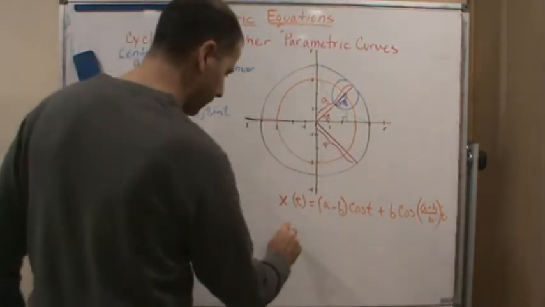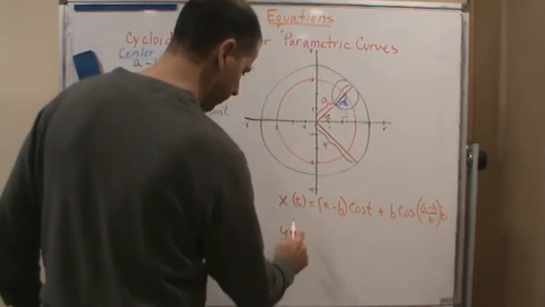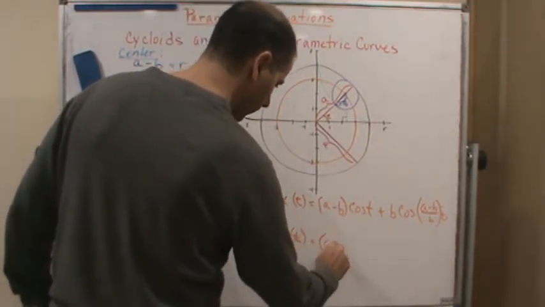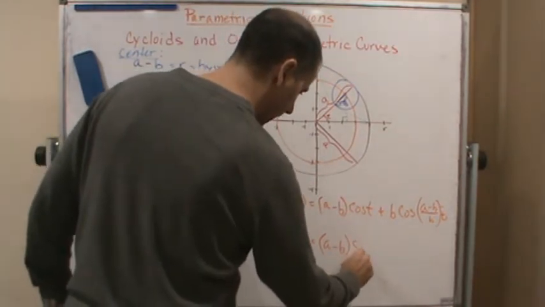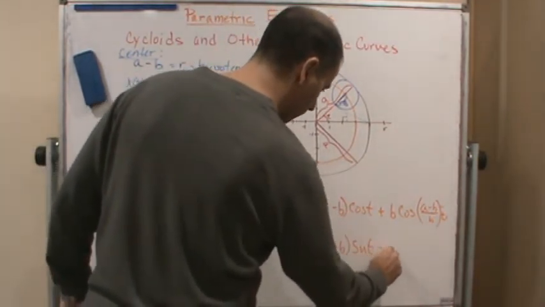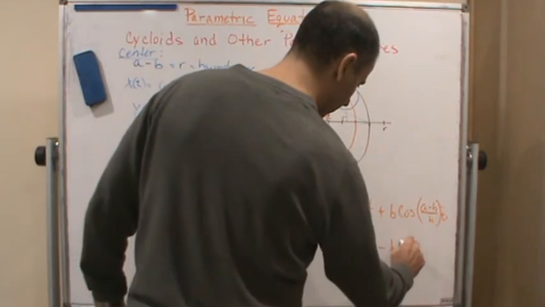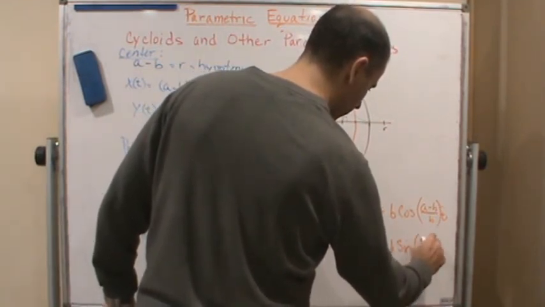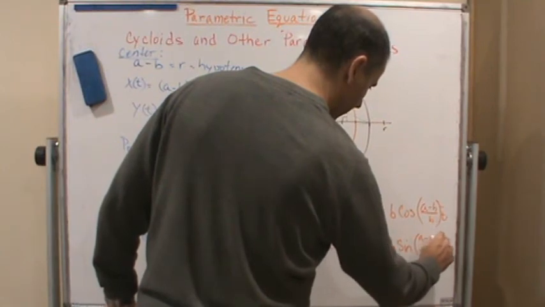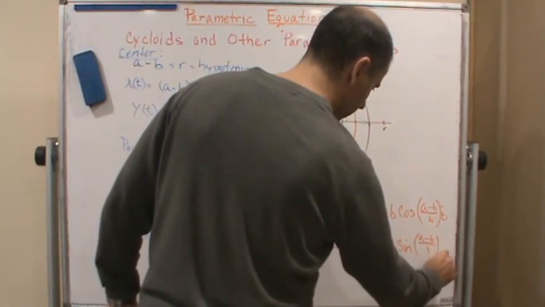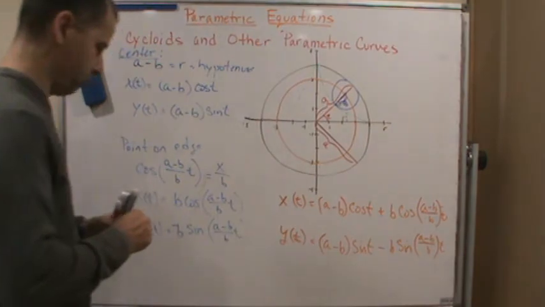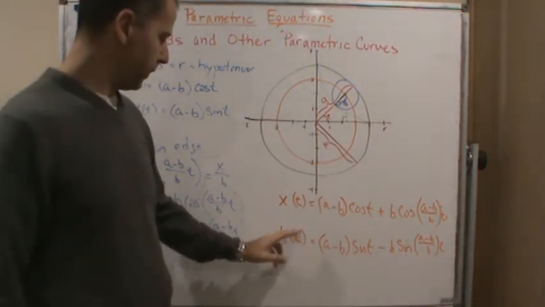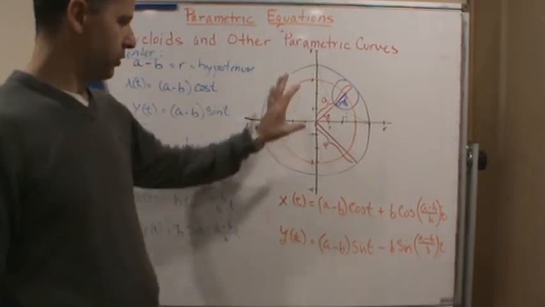And then the parametric equation for y, so y of t would equal a minus b sine t minus b sine, and then the angle would be a minus b over b times t. Okay, and so these become the parametric equations that we're going to use to represent this.